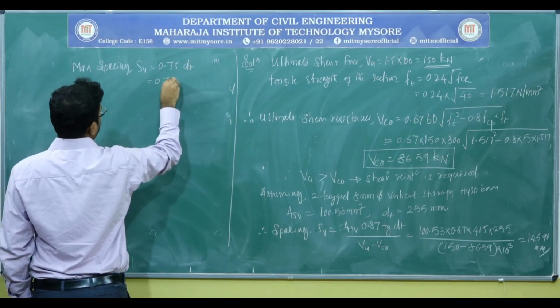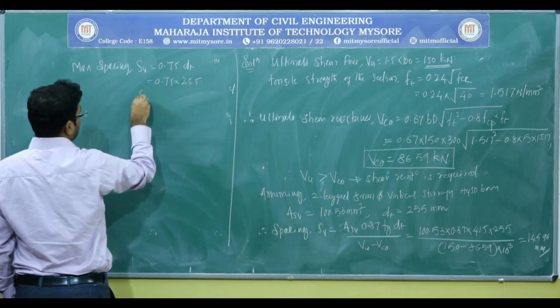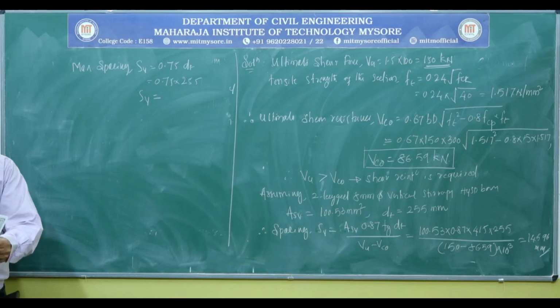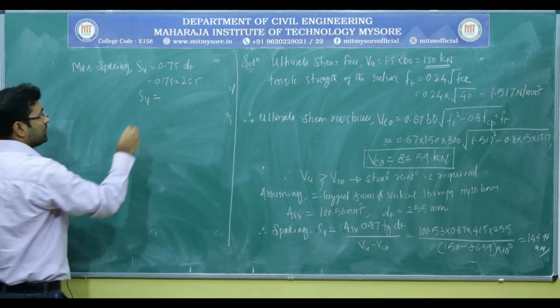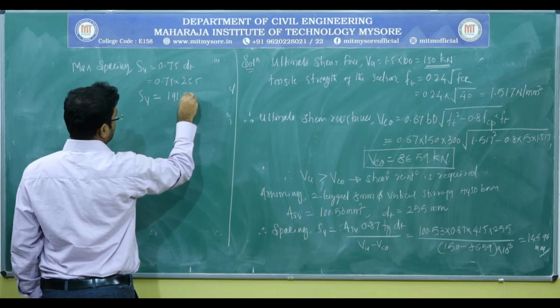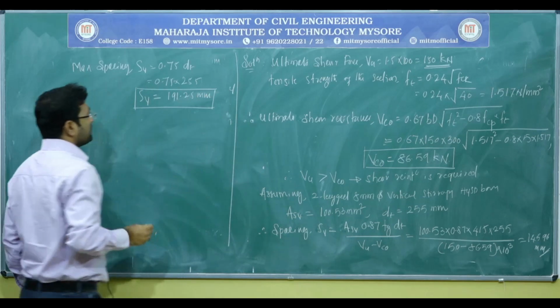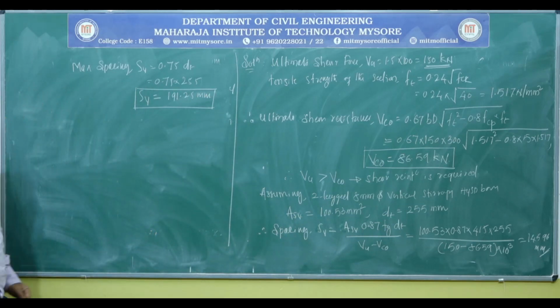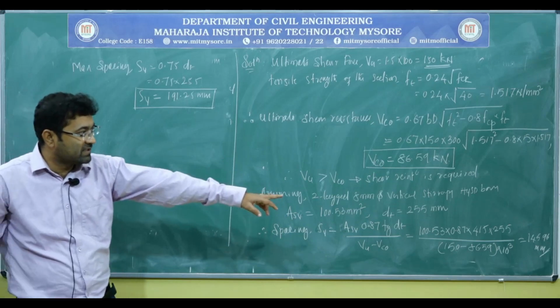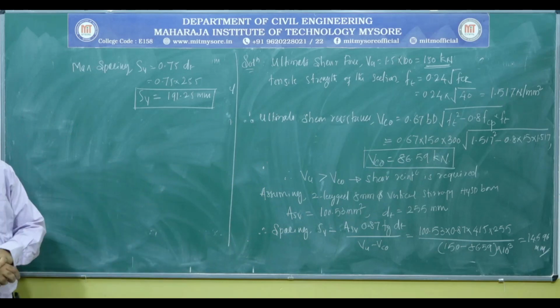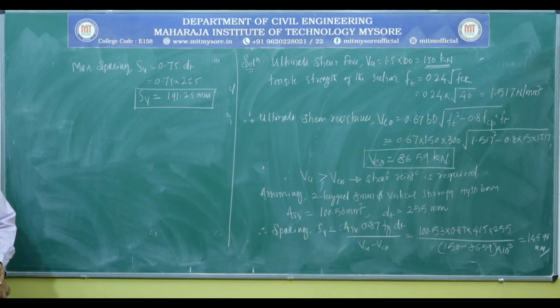So 0.75 into 255 gives me a value of 191.25 millimeter. So we cannot provide more than this value, but whatever is estimated, it is less than this, so we can go ahead with that spacing.